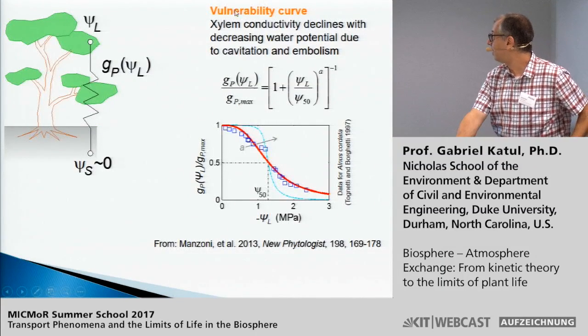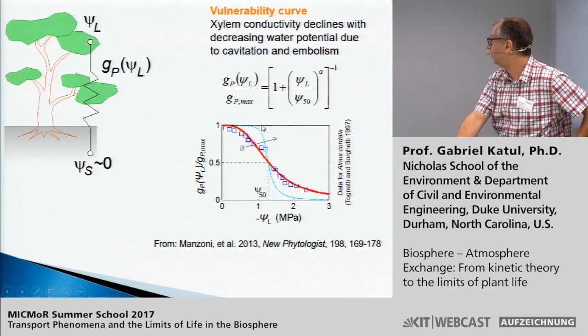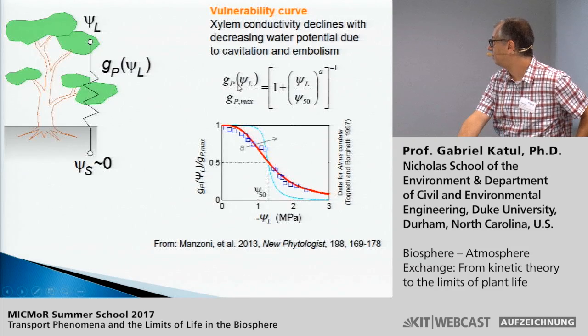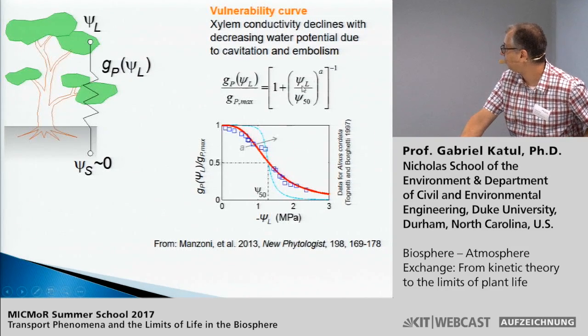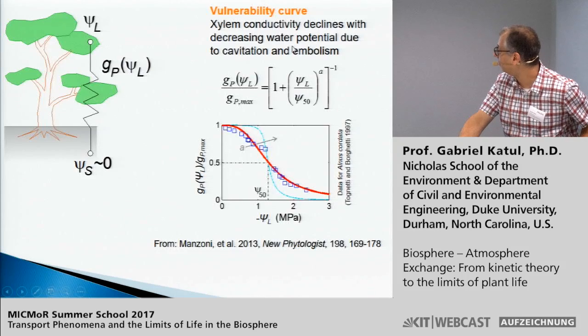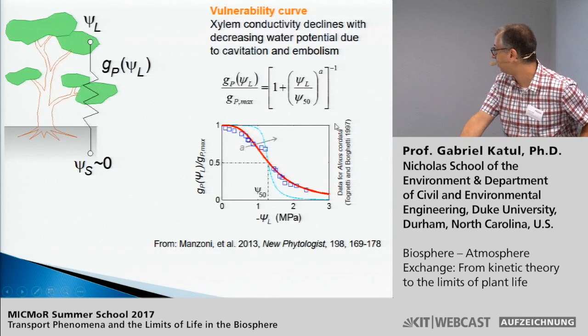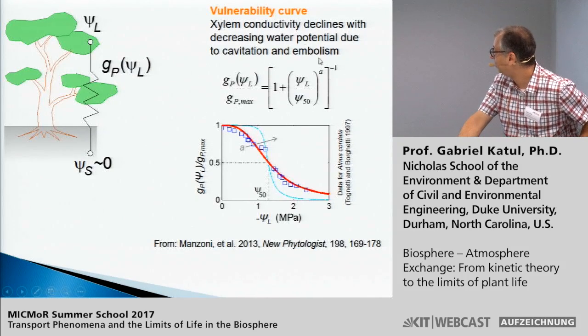Now, the vulnerability curve often is expressed as such. The vulnerability curve normalized by some maximum value drops as a function of leaf pressure, meaning you lose hydraulic conductivity. And there are many, many forms. Now I have a student working on theoretical models to predict the forms of these vulnerability curves from some basic thermodynamics and basic hydraulics.